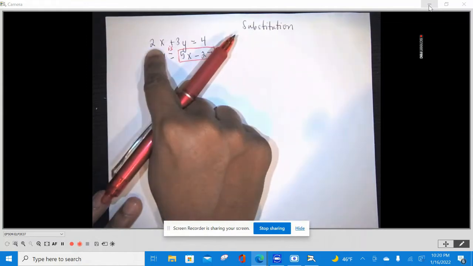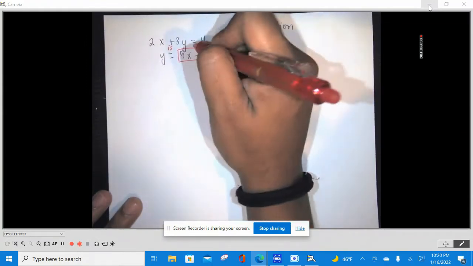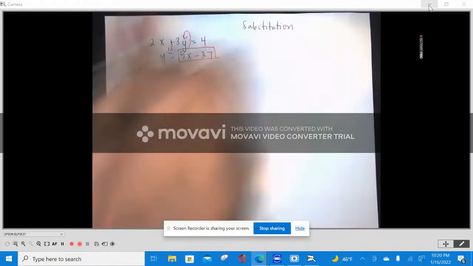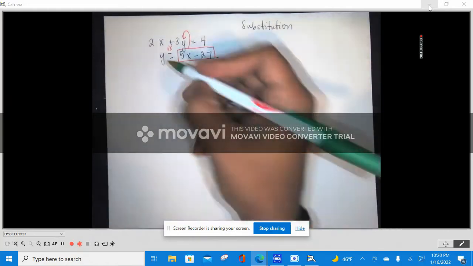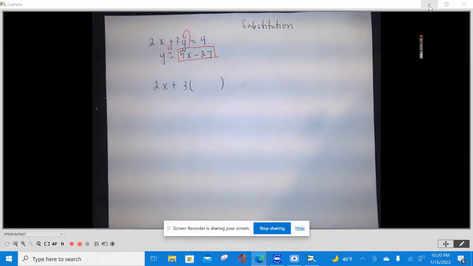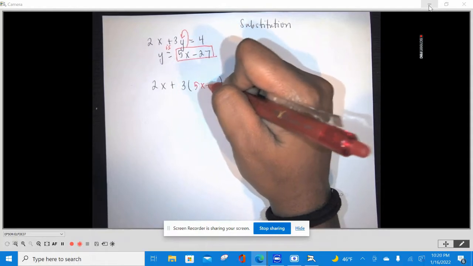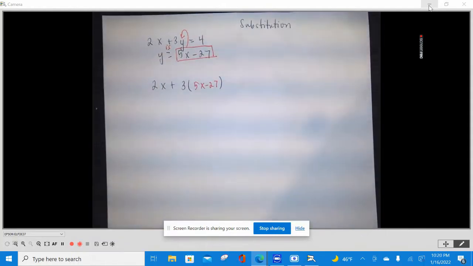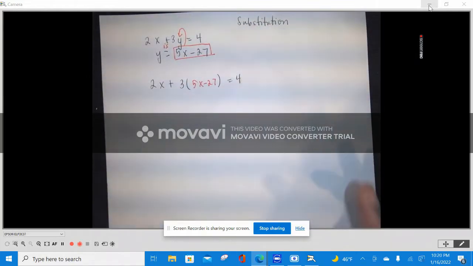So that means that in this top equation, if y is equal to 5x minus 27, then I can substitute that expression right into there for y. So when I get ready to rewrite my equation and solve, I basically have 2x plus 3, and inside of here, I have the 5x minus 27, and then that's equal to 4. So there's the substitution.